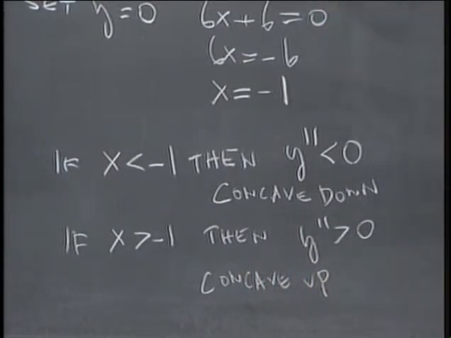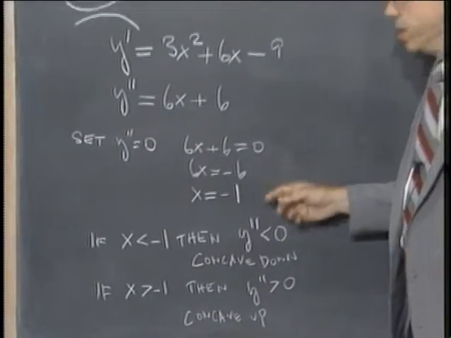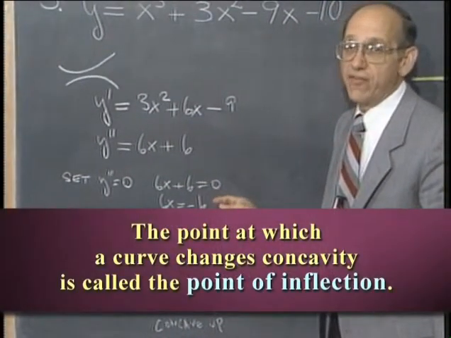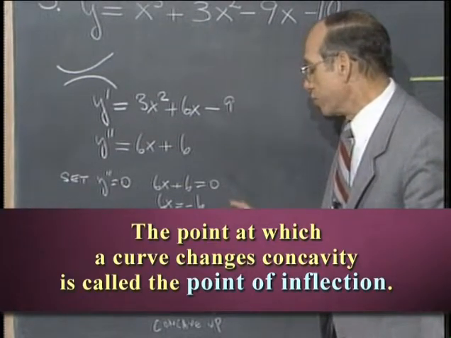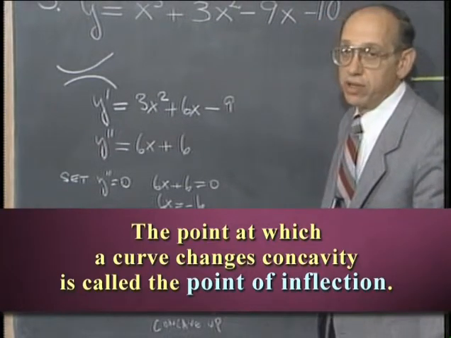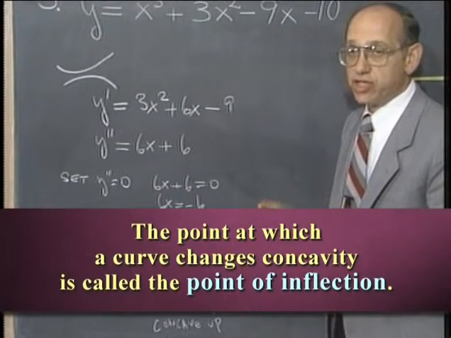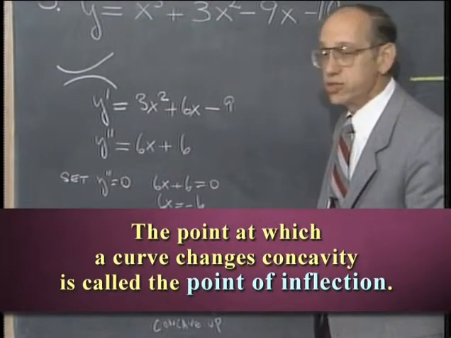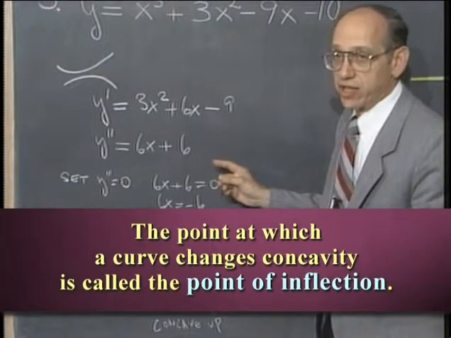What about the point where x equals minus 1? Well, where x equals minus 1, the curve changes concavity. That is, it goes from being concave down to being concave up. Such a point is called a point of inflection. So at x equals minus 1, we have a point of inflection.